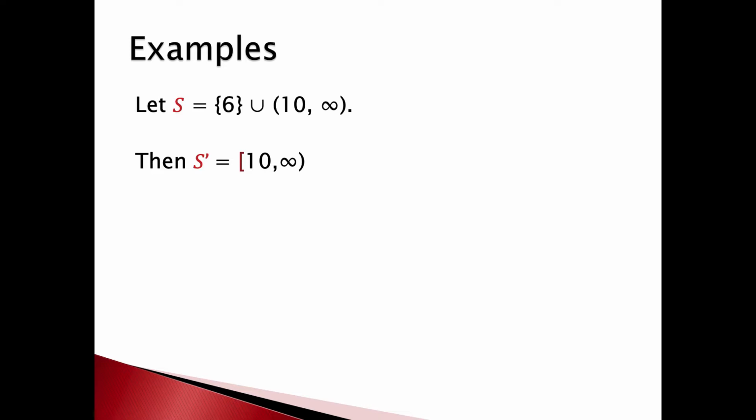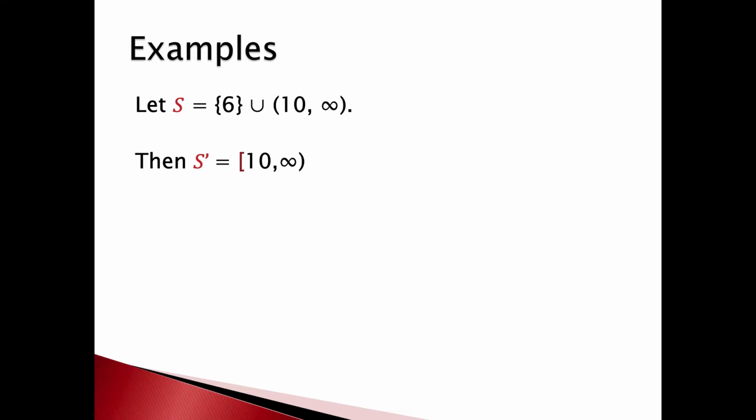So if I take a deleted neighborhood around 6, say of radius 1, right, because remember, this has to work for all epsilon, so I can just pick a particular epsilon if I'm trying to get a counterexample that 6 is an accumulation point. So look at the point 6 and take the deleted epsilon neighborhood where your epsilon is, say, 1. So then my neighborhood would run from 5 to 7, but the deleted neighborhood means I erase the 6.